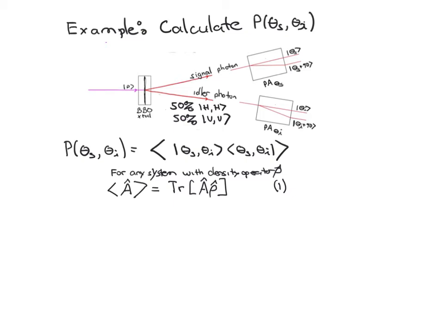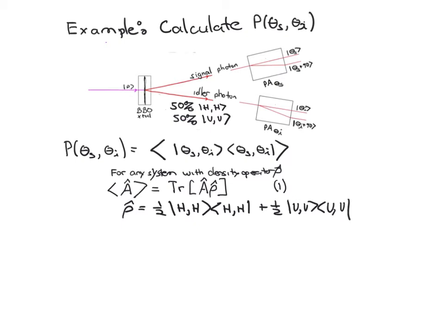So I'm just going to plug in. The operator that we're dealing with is this projection operator, and the density operator is something that we just calculated. The density operator for the state we know is rho hat equals 1/2 |H,H><H,H| plus 1/2 |V,V><V,V|, like so.